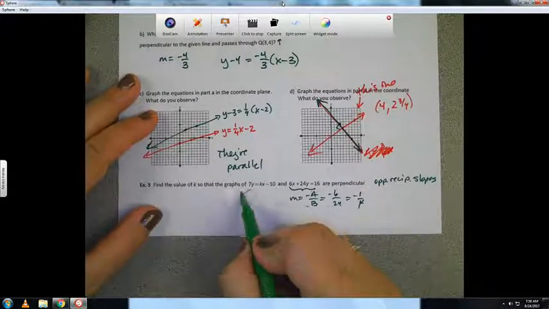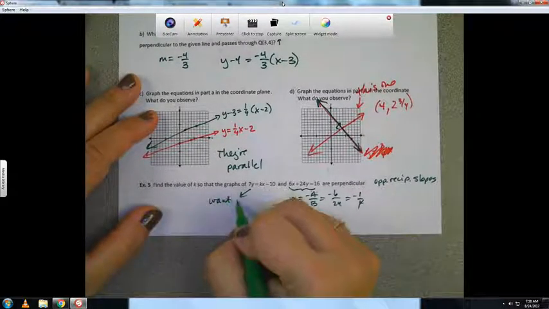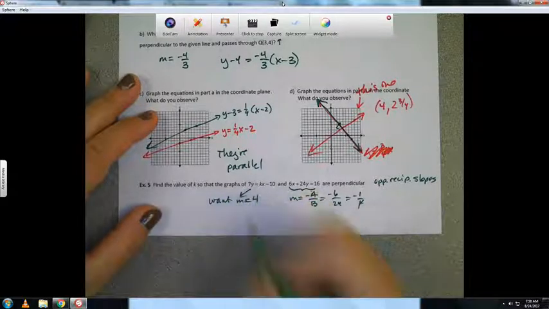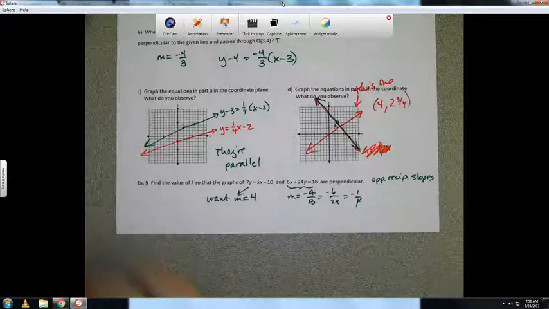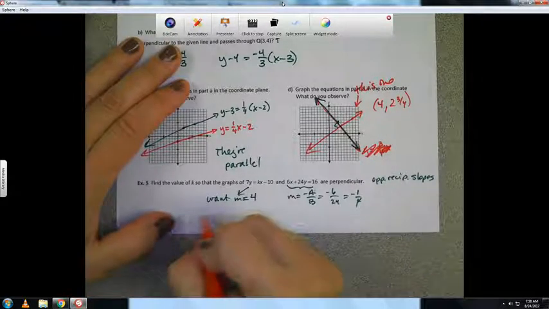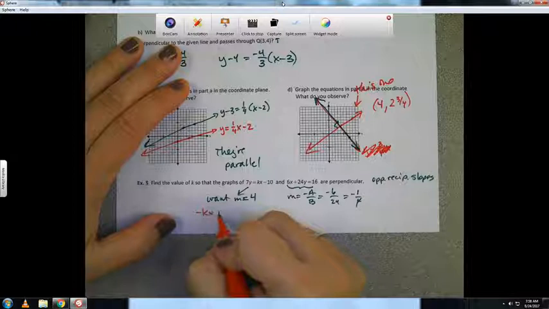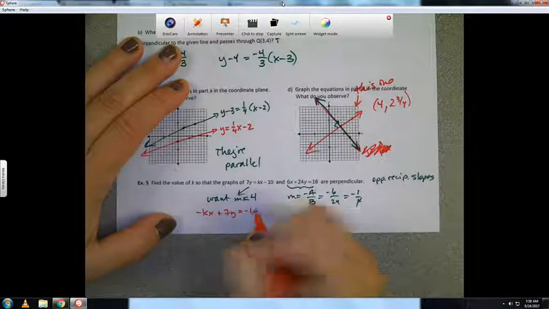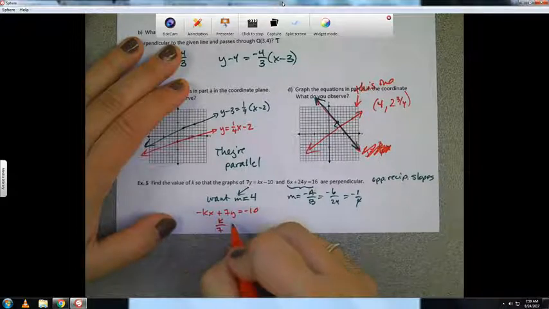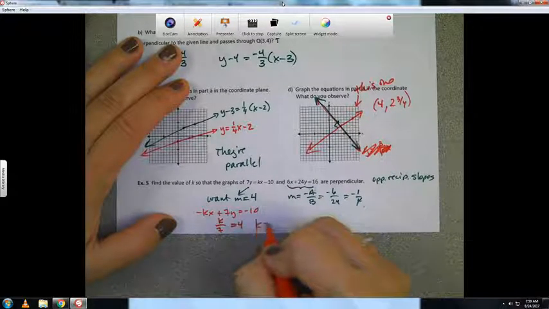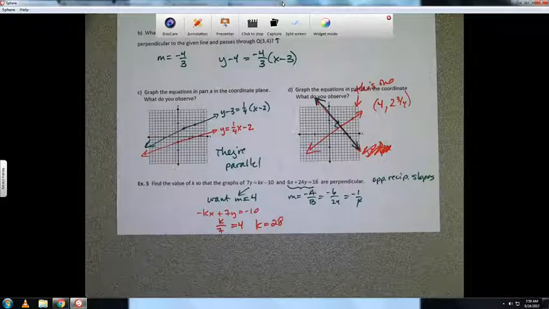So we want this slope to equal positive 4. So maybe move this equation around a little bit. I'm going to have -kx plus 7y equals -10. So the opposite of A would be positive k over B equals 4. That means I want k to equal 28.